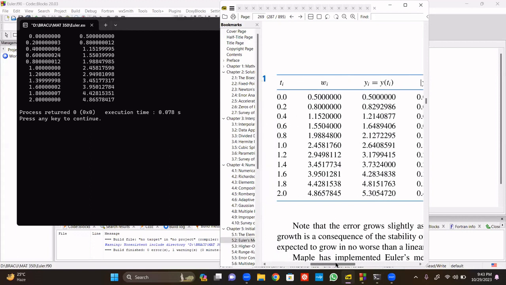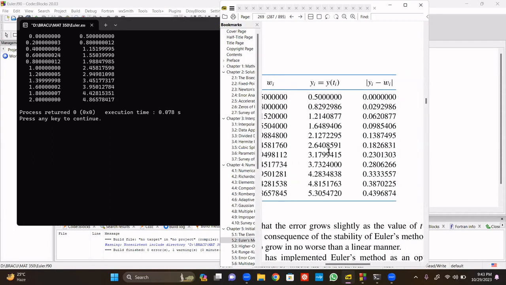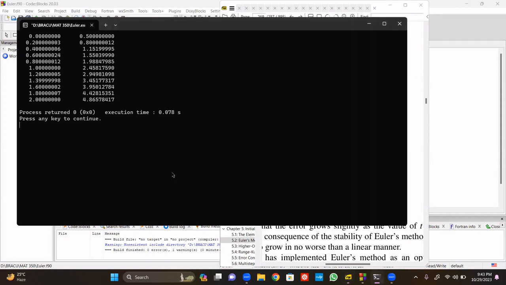My yi is wi in Burden, all right? So you just have to compare the values in the wi column, and I think the values match, so our code actually worked. Now let's complete the rest of the table, that is, find the actual values and then find the errors. All right, so let's do that.